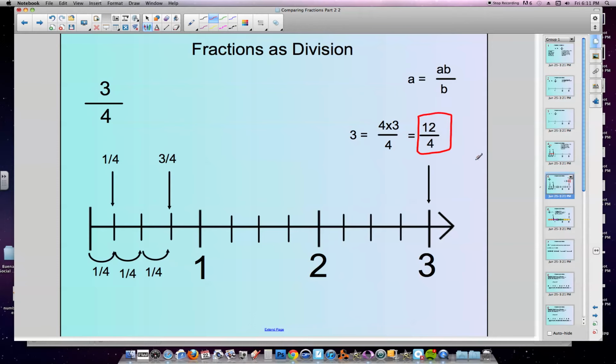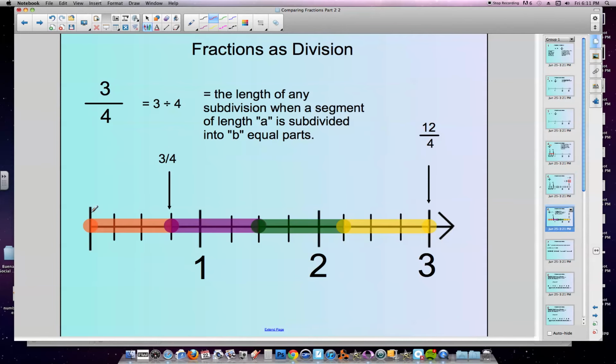And when we do this, this makes it a lot easier to imagine what 3 divided by 4 looks like, because we're now defining 3 as 12 over 4, which equals 3, right? If we have 4 segments and another 4 and another 4, that's 12 total, and that gets us to 3 on the number line. Well, out of those 12 segments, it's very easy to divide them into 4 equal parts.